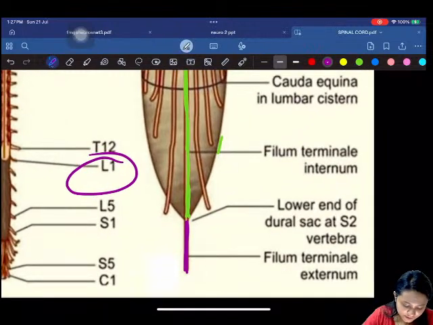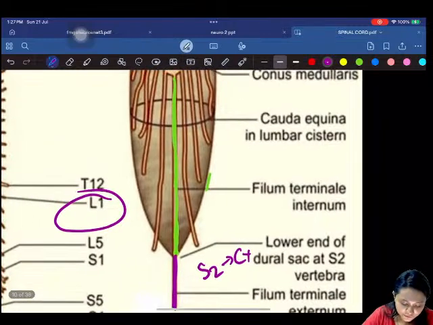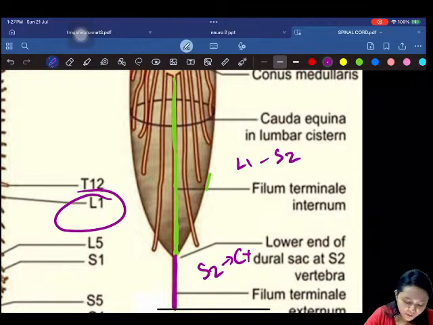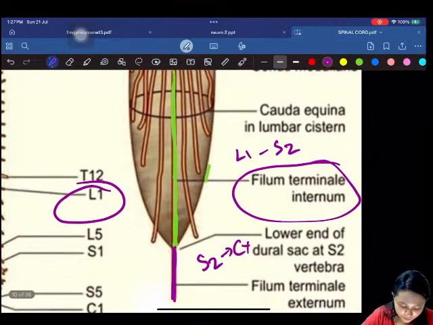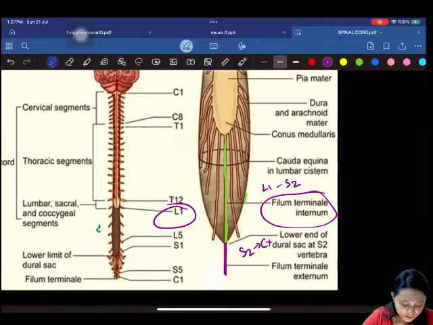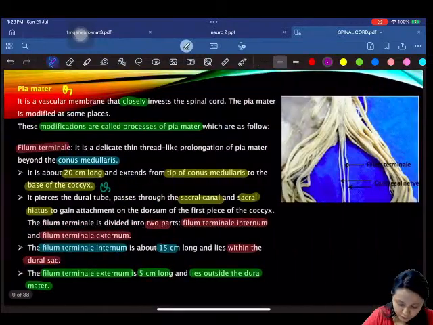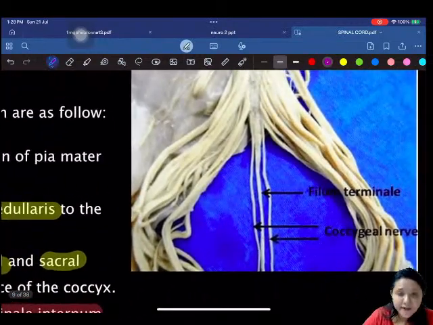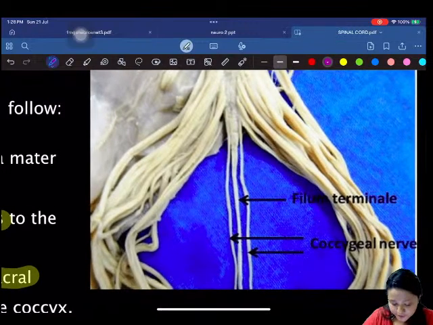Filum terminale internum is from L1 to S2, and from S2 to the coccyx it is the filum terminale externum, and these are modifications of your pia mater. So sometimes you might be asked about this also. You might be given a cadaveric image and asked what this is, what the level is.